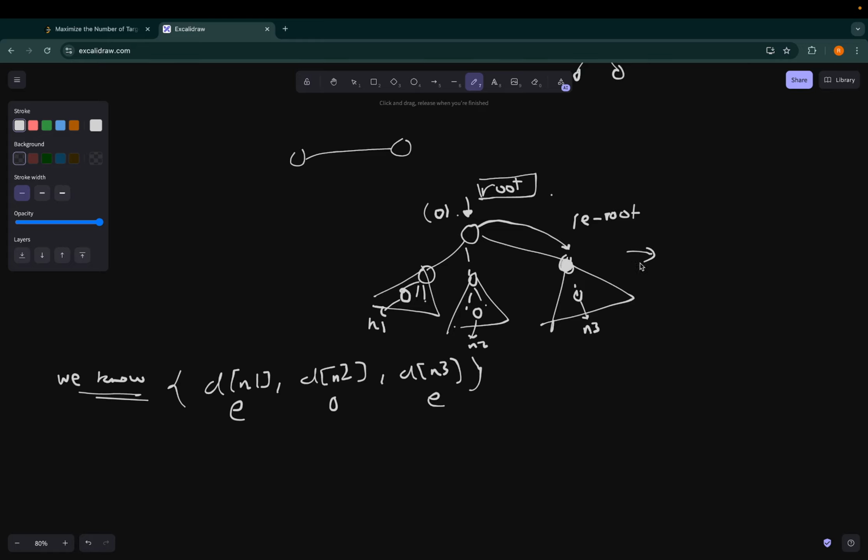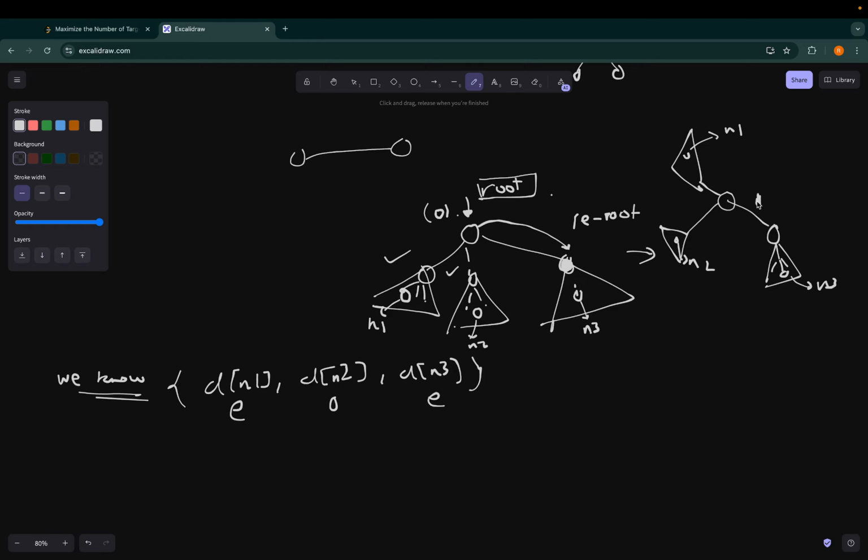So now my tree would look like this after rerouting. This is my new root. Here are a lot of nodes. This is my old root. There's one triangle over here, and one triangle over here, so triangle 1, triangle 2. Here you will have your n1 node, here your n2 node, here your n3 node.